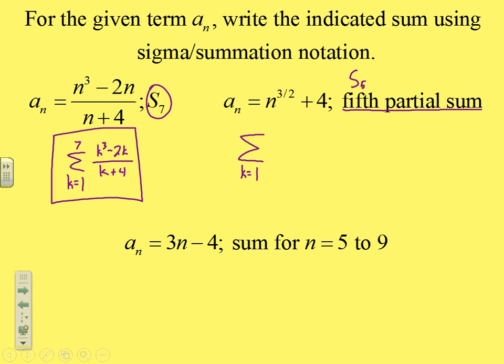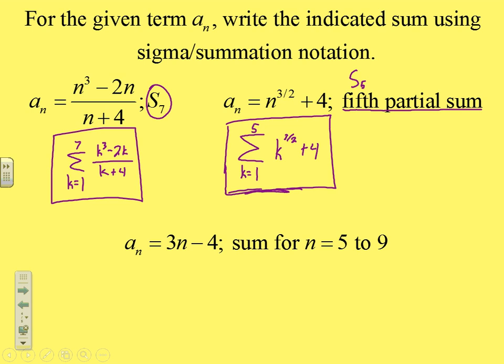I'll start at the first one and I will stop at the 5th one. That's really all the sigma notation is doing for the summation. And here I'd say k to the 3 over 2 power plus 4. And again, if you want to put the sequence in a set of parentheses, that would be fine, but I'm going to just leave it. I don't understand why I keep getting gaps in some places on my board, but there you go.